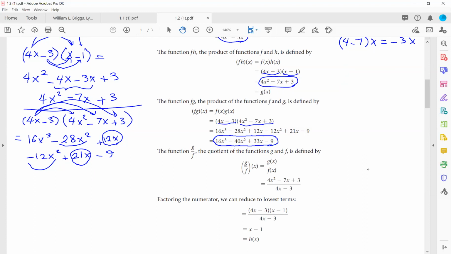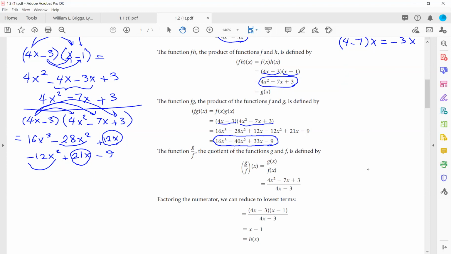Maybe you can find common factors between the numerator and the denominator, so you can simplify this quotient. 4x squared minus 7x plus 3 can be factored into 4x minus 3 times x minus 1.